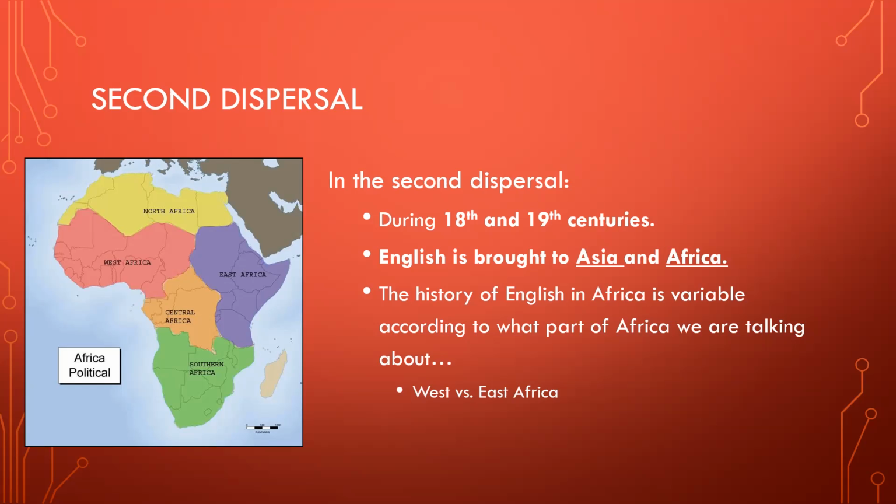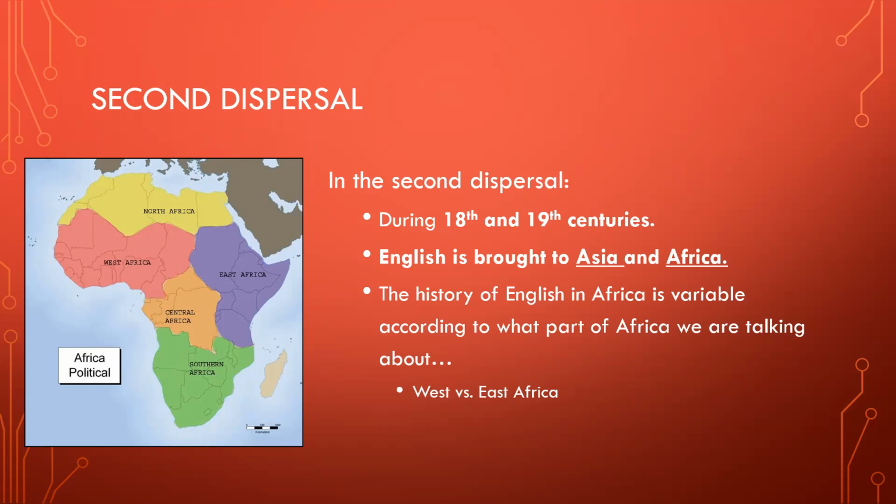The second dispersal, when we refer to this diaspora, we are referring to the second settlements that took place much later in the 18th and 19th centuries and were centered more around Africa and Asian countries.